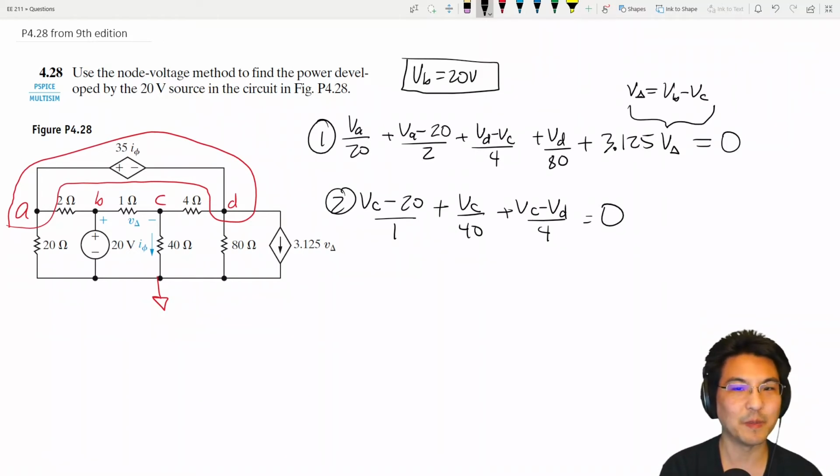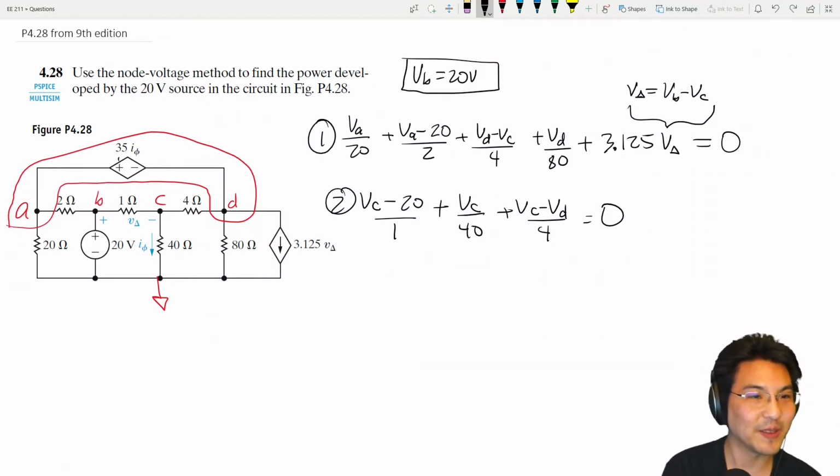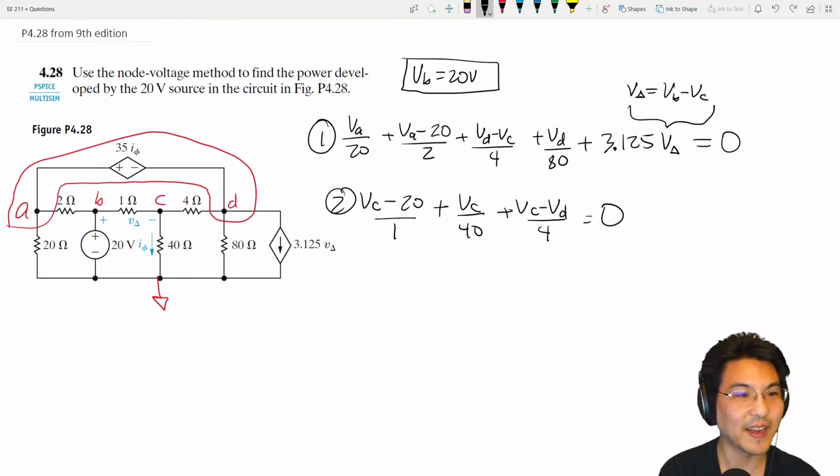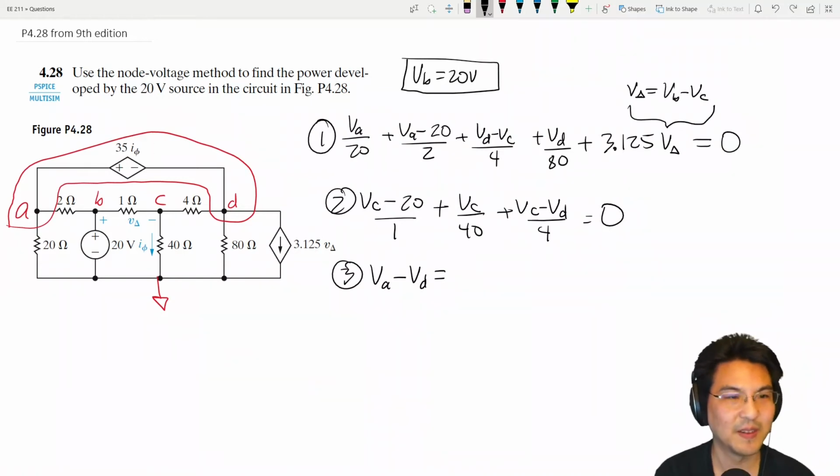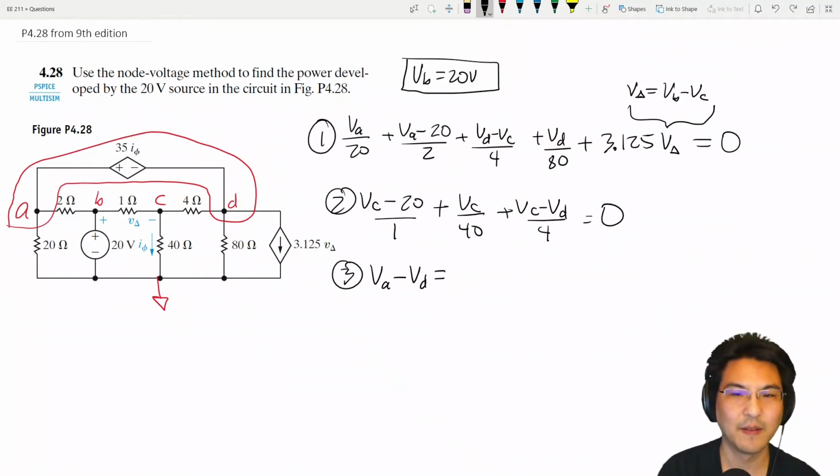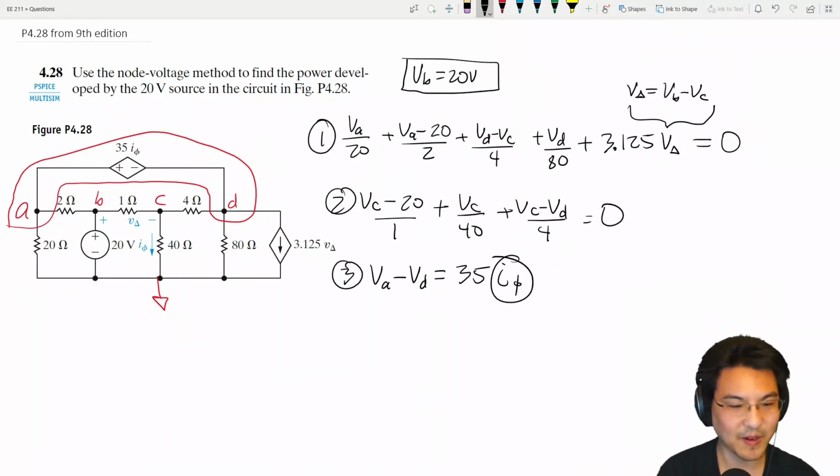Okay, and what else? There's a relationship between VA and VD. Which side is higher? See the plus sign over here? VA is higher than VD. By how much? This much. 35 I phi. Where is this current?